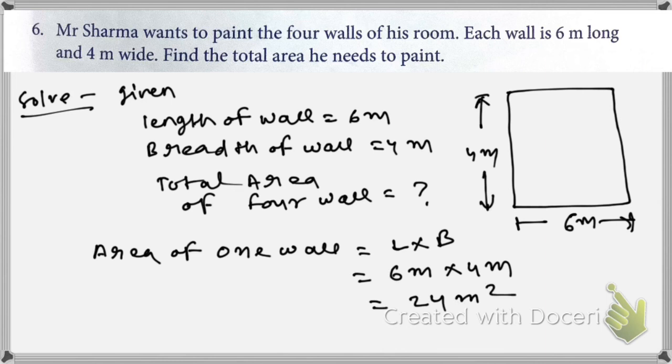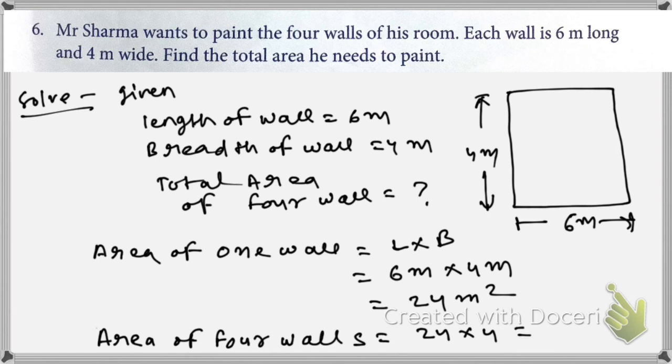And now we can easily find the area of 4 walls. So 24 multiplied by 4, the answer will be 96 meter square. This is our answer.